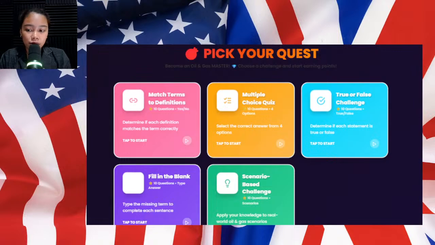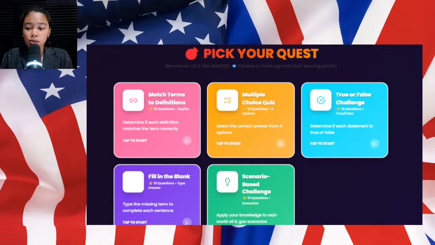Just like in the past few sessions, we also did exercises to assess your understanding of our topic discussion on oil and gas. So far, we already did the first three exercises. We have the match terms to definitions, in which we determined if each definition matches the term correctly.